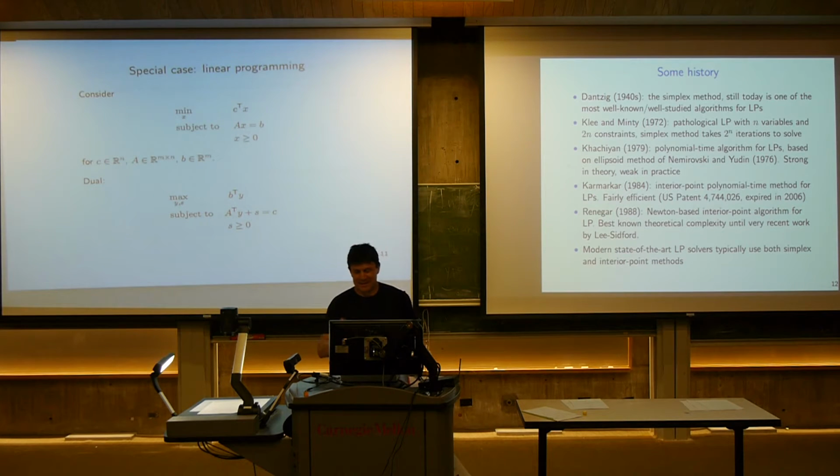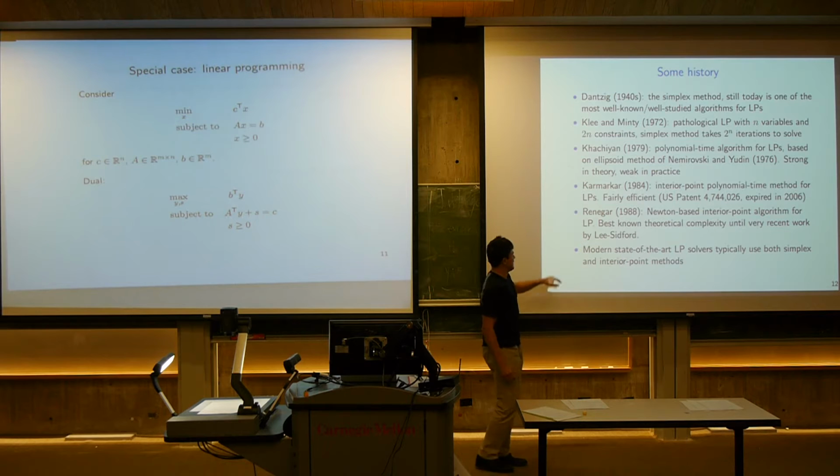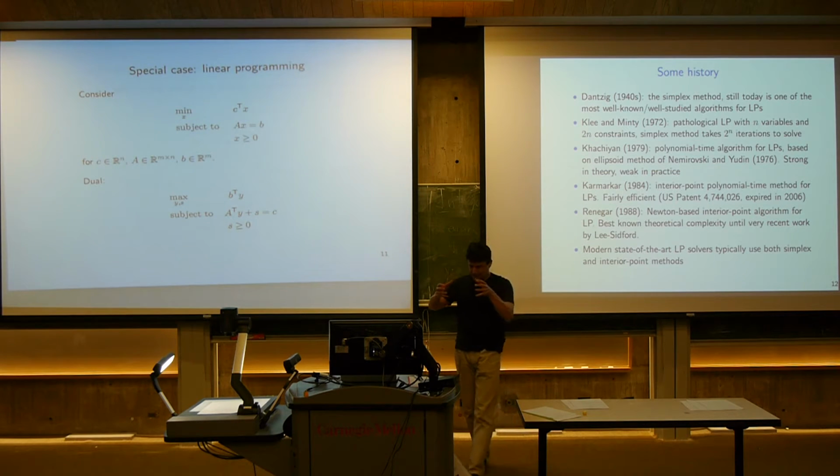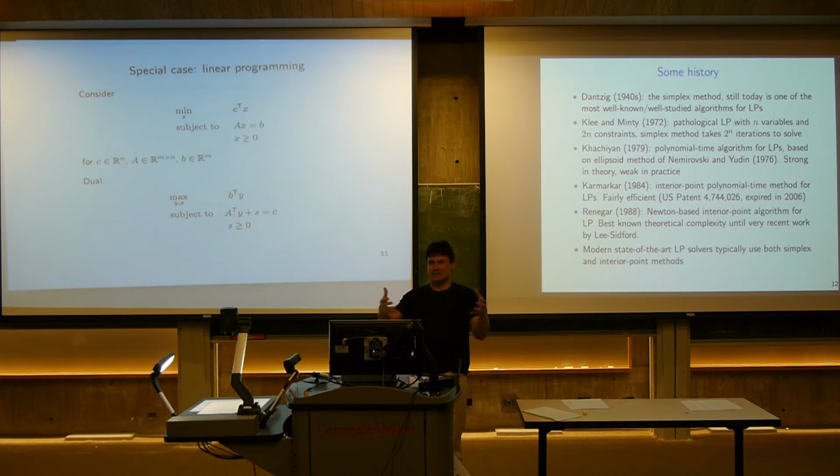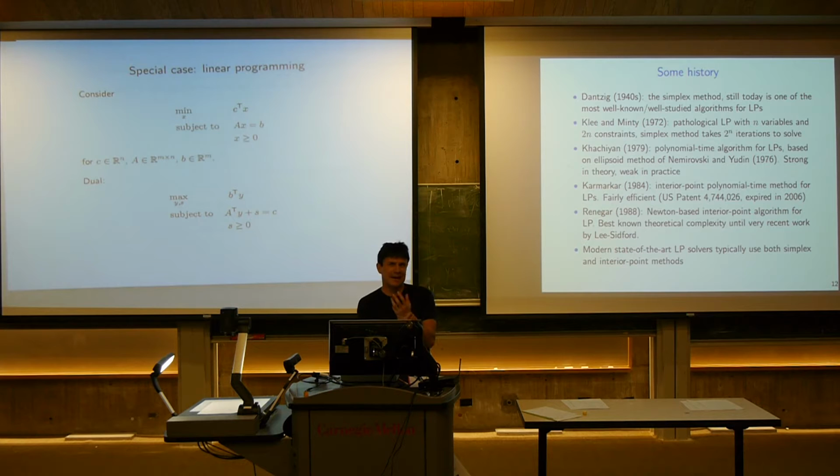They have this very amazing result, an improvement on what was up until two years ago the best known theoretical algorithm for solving linear programming. Essentially, the type of methods that we are discussing today, primal-dual interior point methods, in theory, are the most efficient ways of solving linear programming.